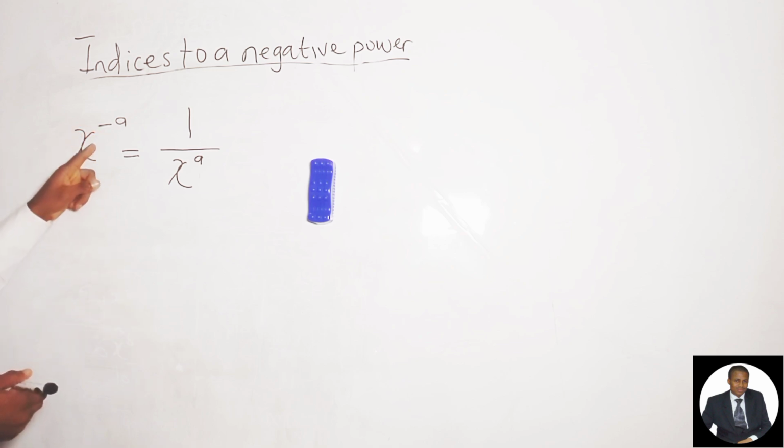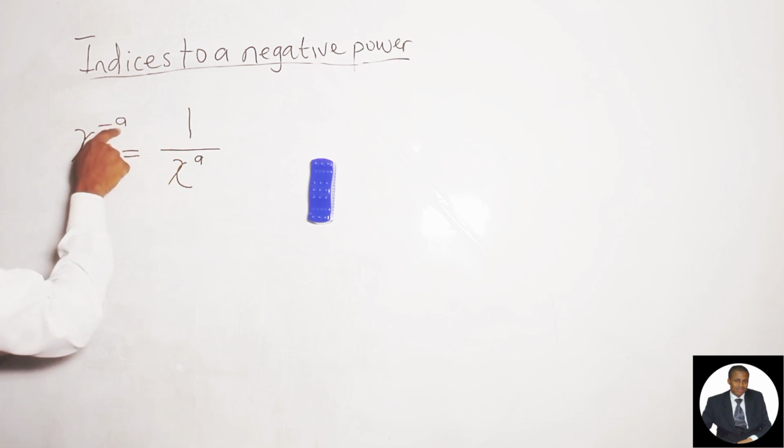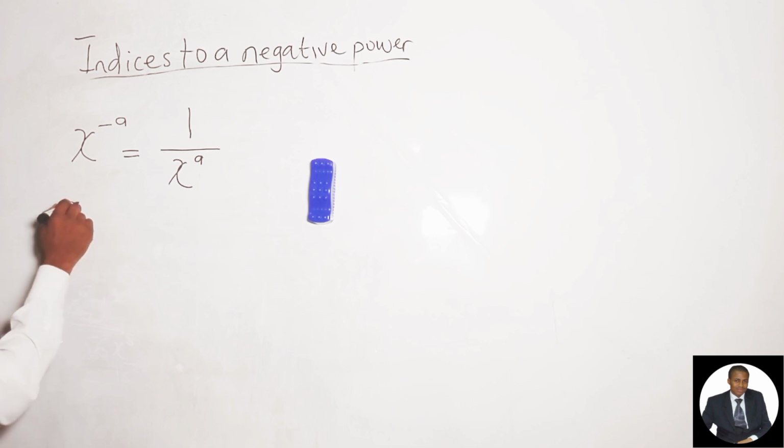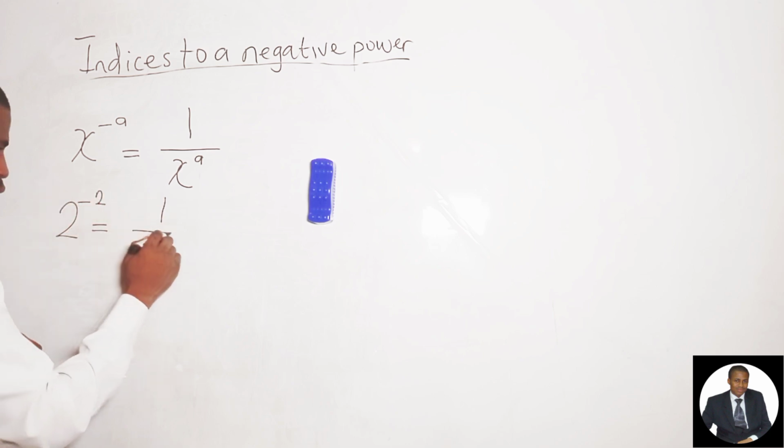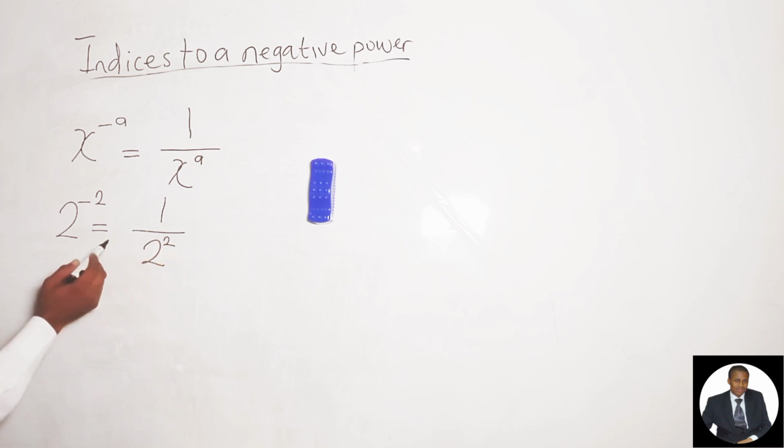Any base raised to a negative exponent is equal to the reciprocal of that same base, but now raised to the positive exponent. 2 raised to the power minus 2 equals 1 over 2 raised to the power 2. The reciprocal of that same number, but now to a positive exponent.